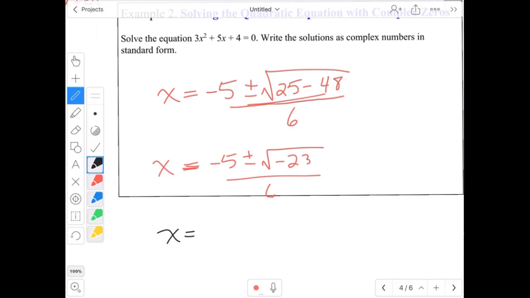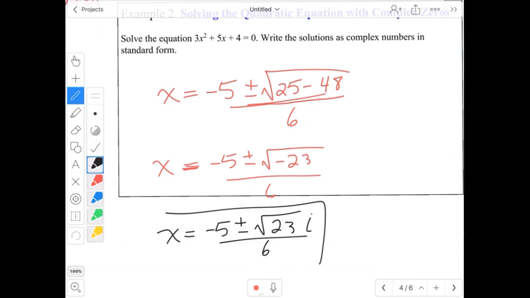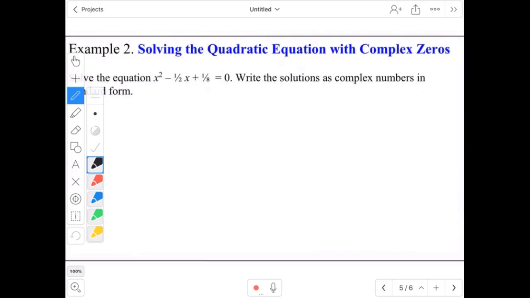X equals negative 5 plus or minus the square root of 23i all over 6. So those will be our two answers, negative 5 plus the square root of 23i over 6, and negative 5 minus the square root of 23i over 6. So that would be as a complex number.